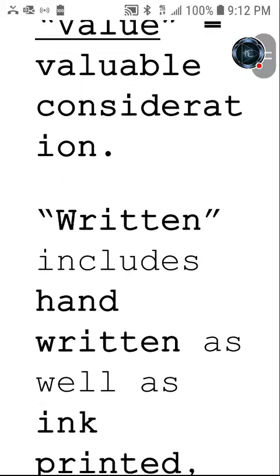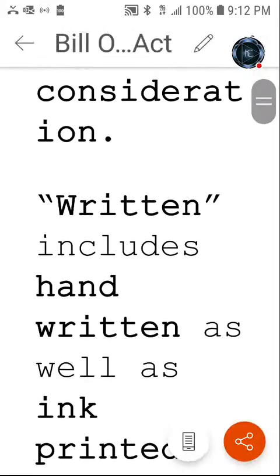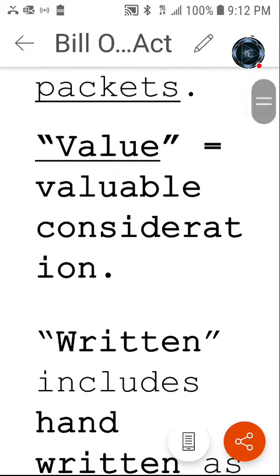Valuable consideration. Valuable consideration is what we discussed earlier, and we'll get into that in depth as we go through the bills of exchange. But for now, we'll accept our common understanding of the word value.